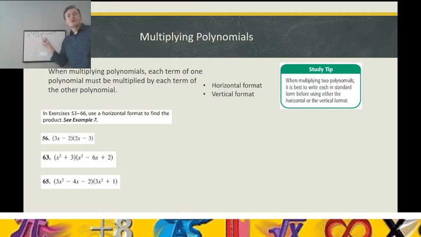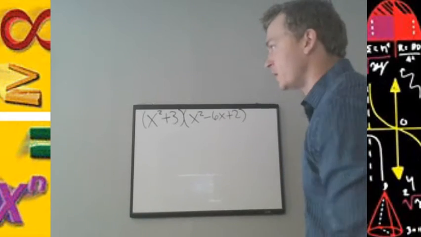We have a binomial times a trinomial, 2 terms, multiply 3 terms. Well, what's 2 times 3? It's 6. So multiplying 2 terms to 3 terms should give us 6 terms. Why? Here's a product, 1, 2 products, 3 products, 4 products, 5, 6 products. So we're multiplying 6 different times. Let's go ahead and try it out.